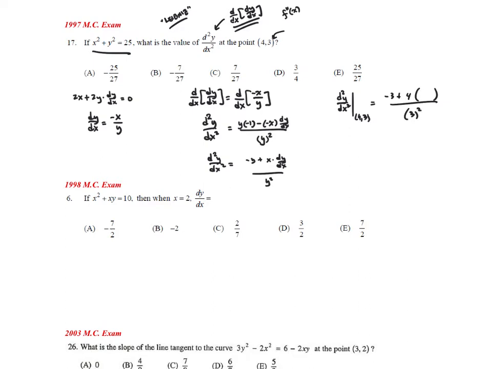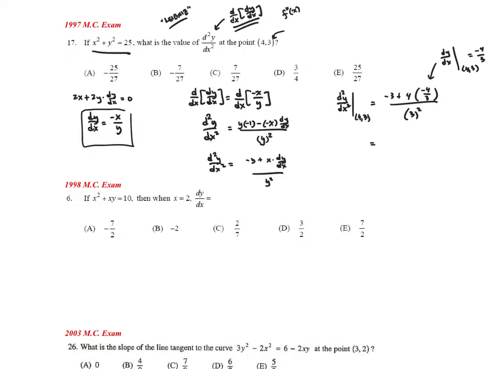Okay, so what we want to plug in here is dy dx at the point (4, 3). Well, if I look back over to dy dx at the start, that would be negative 4 over a positive 3, so negative 4/3.